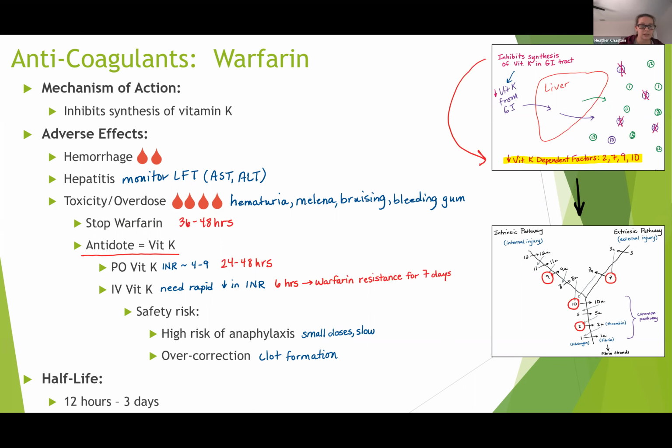Now, the half-life, I talked to you a little bit about this already. Warfarin has a very long half-life. It is 12 hours to 3 days, and it depends on the patient. So it can take around a week to reach a steady state and to get out of the bloodstream too.